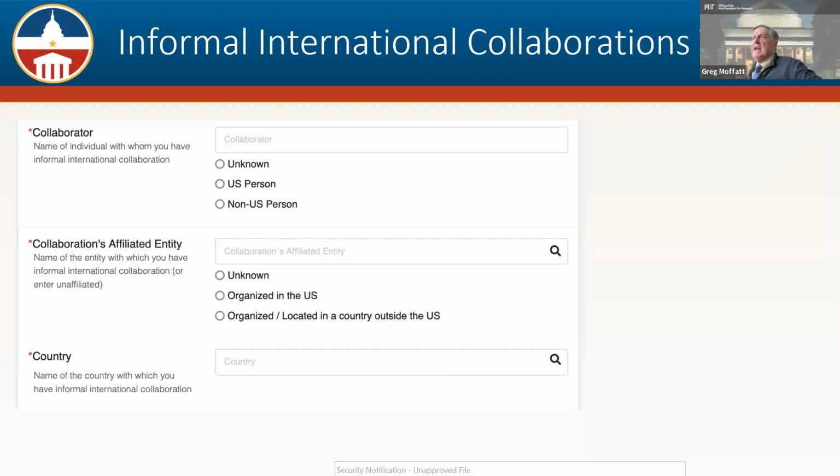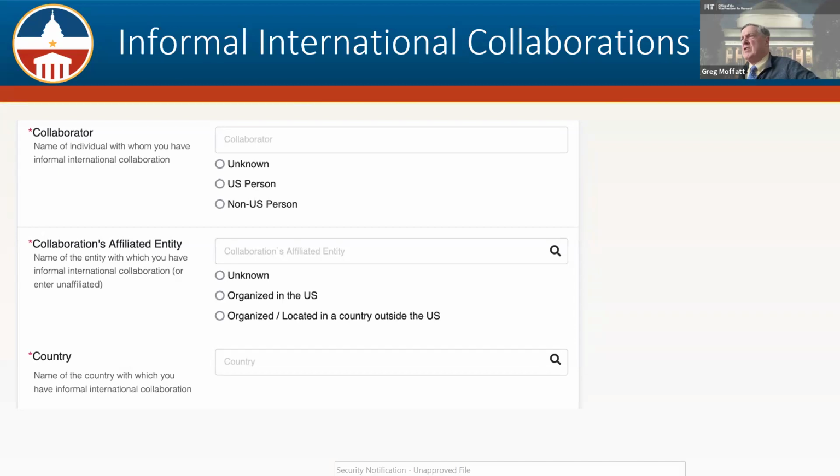These are the only remaining questions they have to answer. One, we do ask for a specific name of somebody as a collaborator, and then, to the extent they know, is it a U.S. person, is the person not a U.S. person, or possibly they don't know? We're not suggesting they have to go out and make inquiry of that. Similarly, we ask them for the name of the collaborator's affiliated entity.